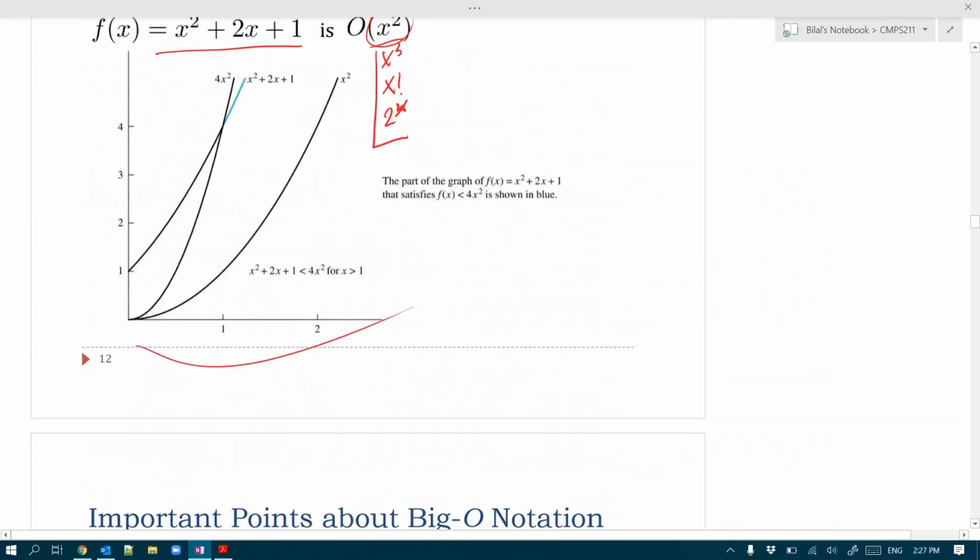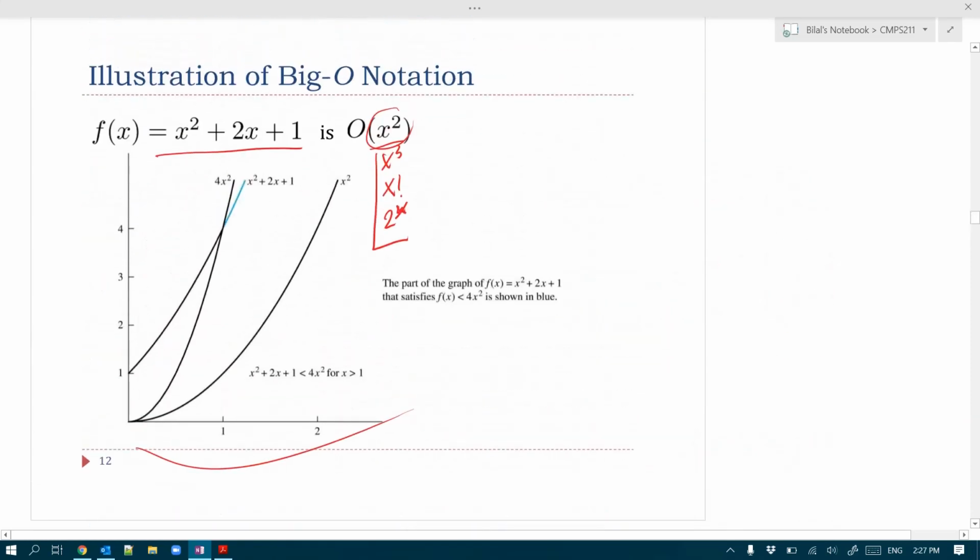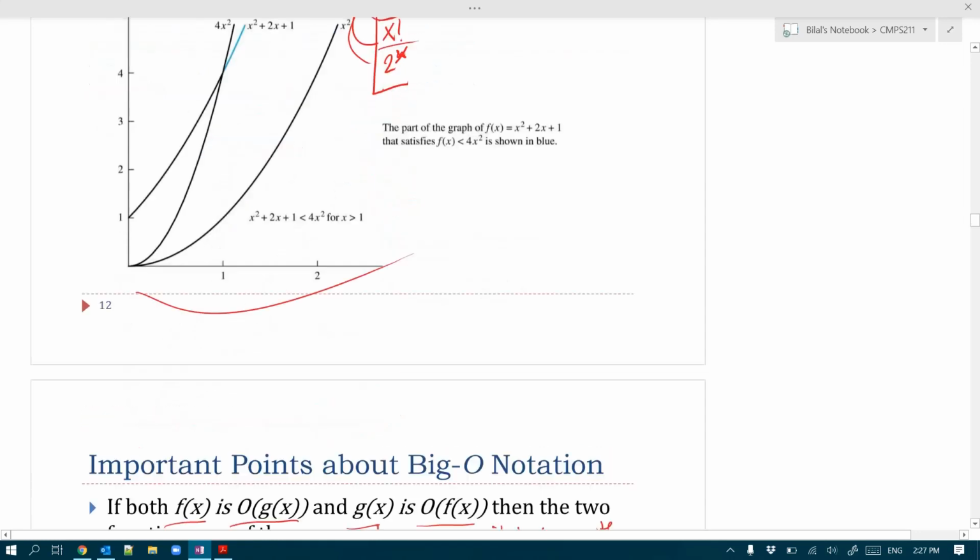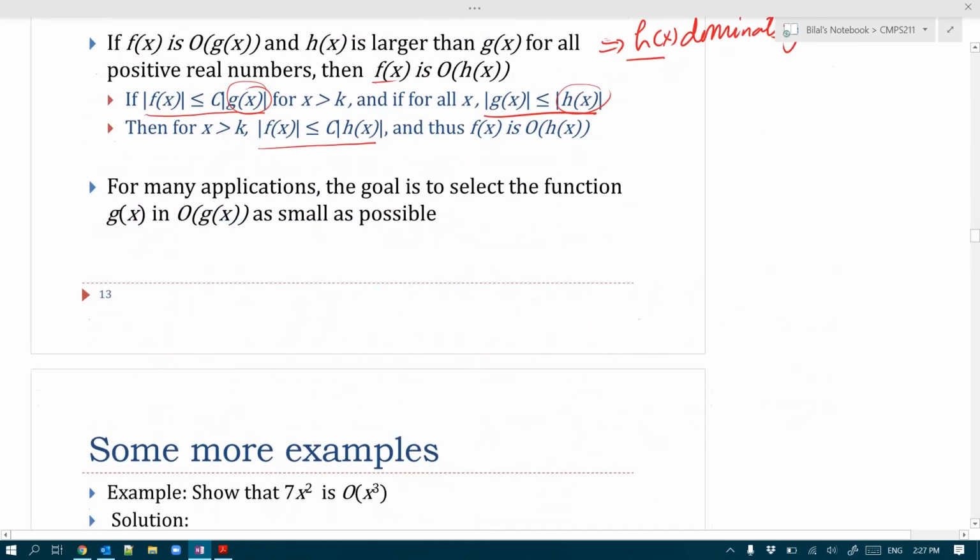And even if you are asked to prove it for multiple functions, just prove it for the smallest one. In this case, the smallest one is x squared. And if you are able to do it, then subsequently you will have it for granted for the other ones.